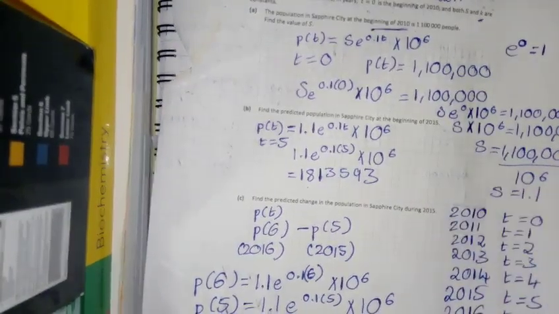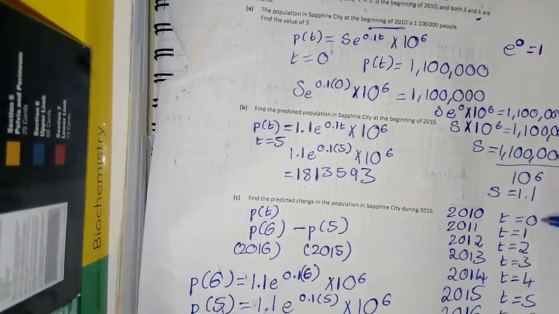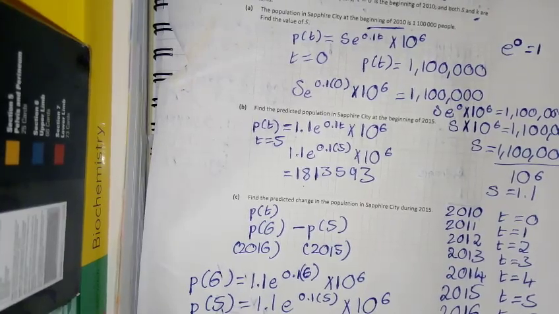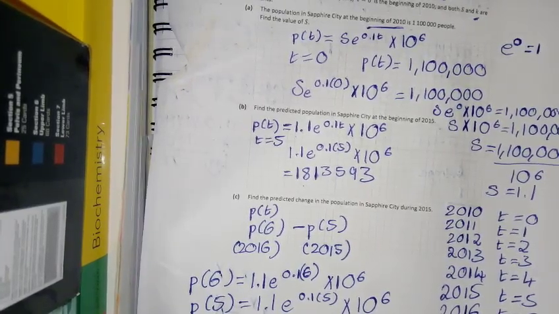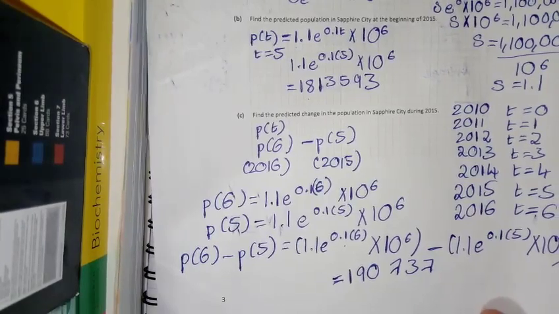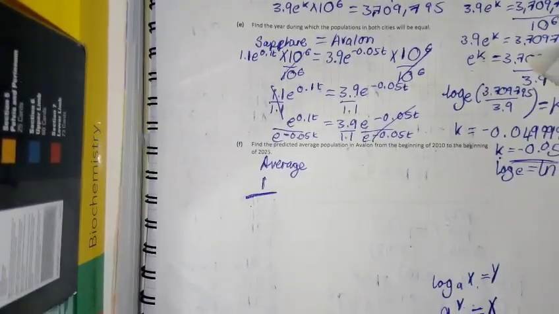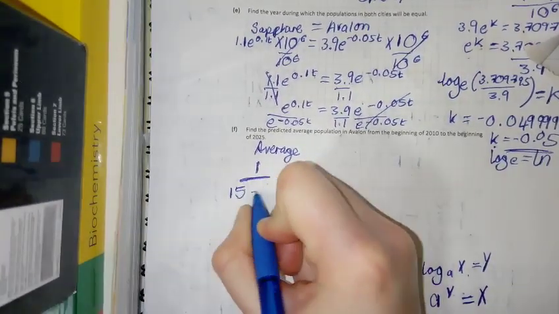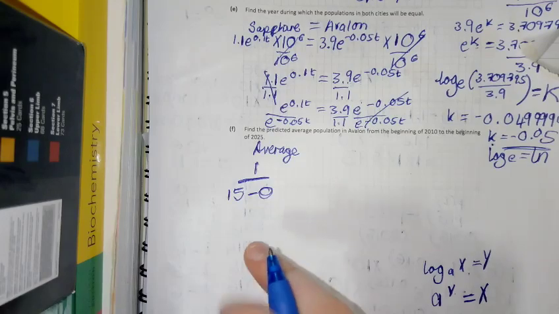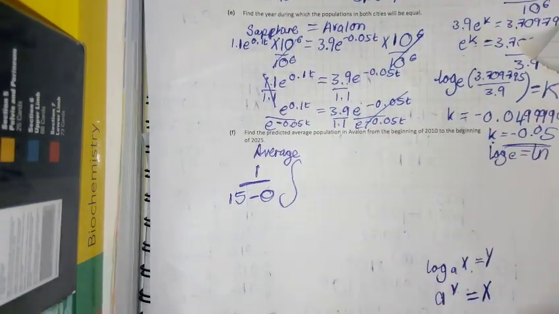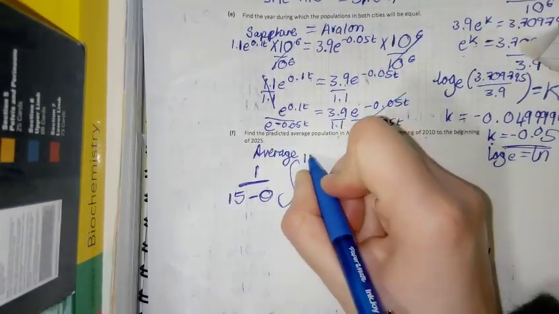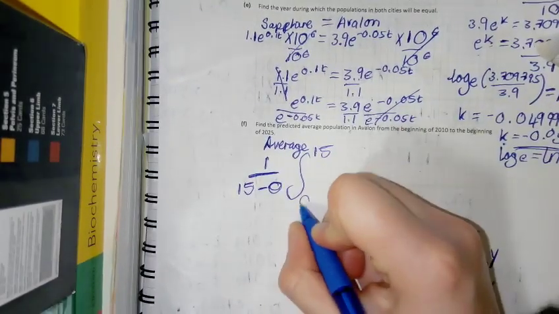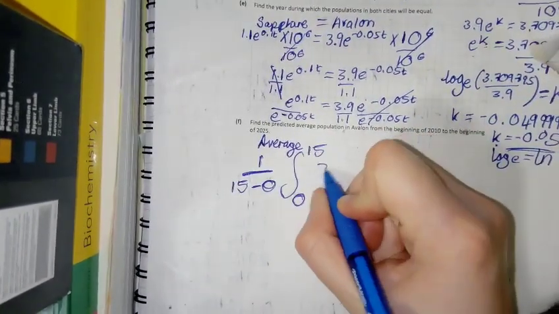The beginning of 2010 is t equals 0, and when we get to 2025, t is equal to 15. So the amount of years we'll have gone up is 15 minus 0, so it's 15.